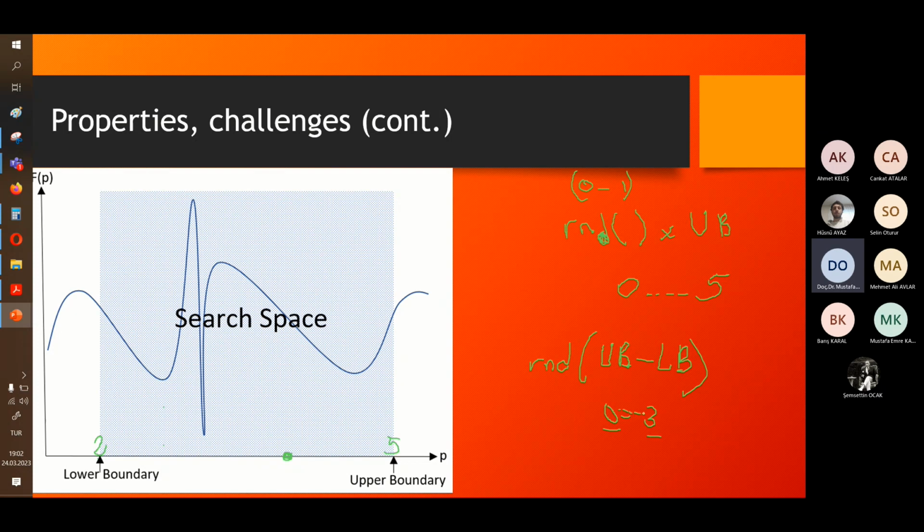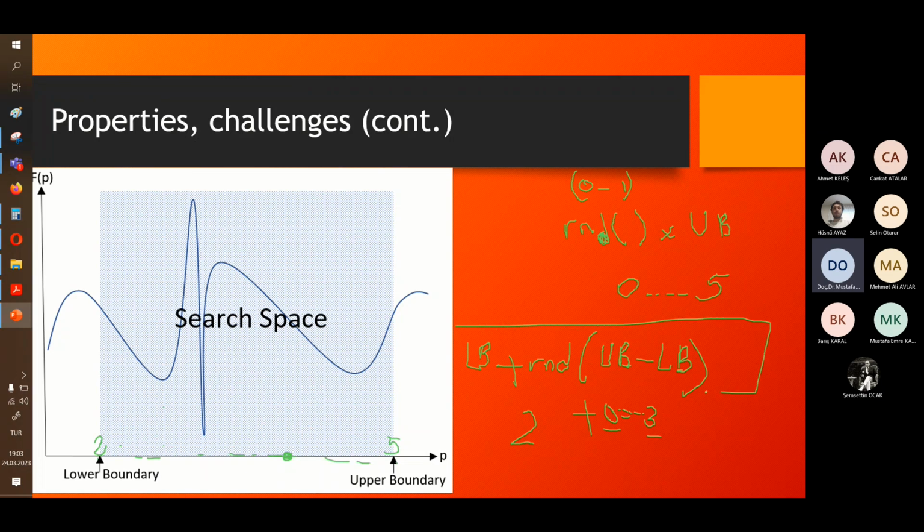So I will be producing numbers between 0 and 3, but what I want is between 2 and 5, so I add the lower boundary to this. What will I get? 2 plus 0 means 2, 2 plus 3 means 5, so I will get values between 2 and 5.